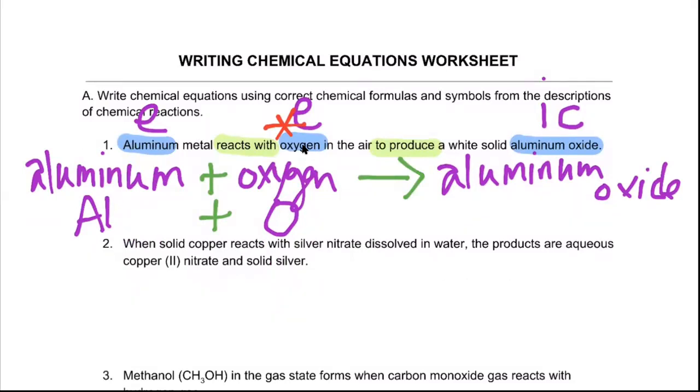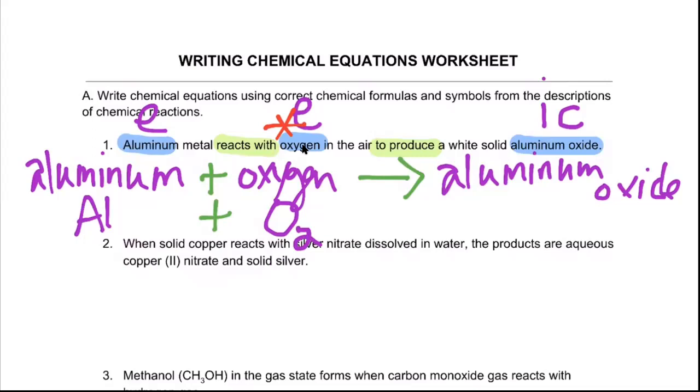Anytime you see oxygen, or sometimes they might describe it as oxygen gas, just by itself in its elemental form in a chemical reaction, it is always written like this. It's always got a 2 subscript because it's diatomic, and that means it's always going to be 2 atoms of oxygen together. Okay.